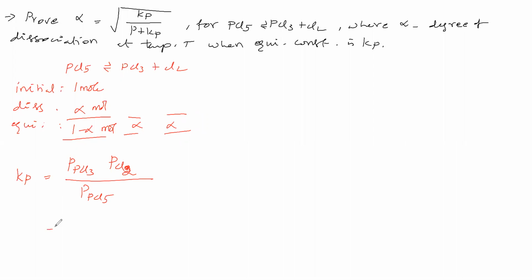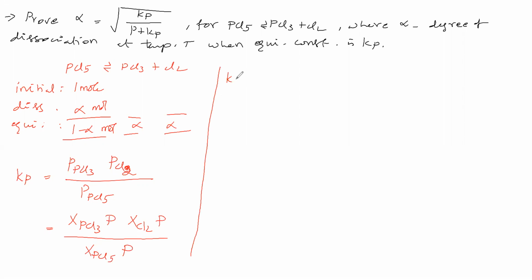Now partial pressure we can write as mole fraction of PCl3 into total pressure. Partial pressure of Cl2 is mole fraction of Cl2 into total pressure, and partial pressure of PCl5 is mole fraction of PCl5 into total pressure. So common things we cancel. Therefore Kp is equal to mole fraction of PCl3, number of moles of PCl3 by total number of moles, into total pressure.